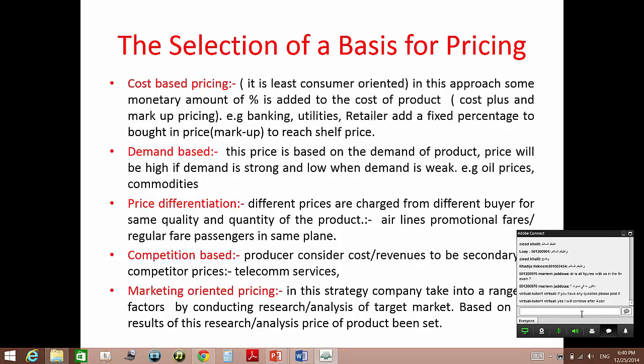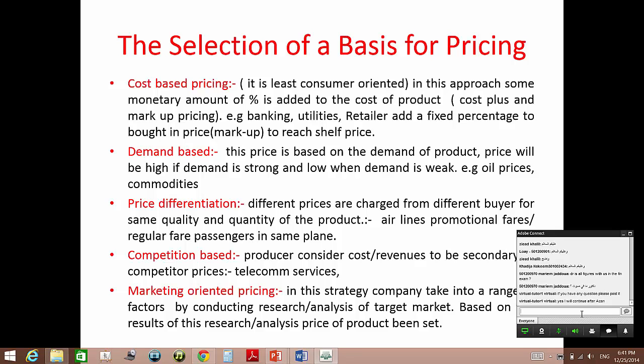Like, for example, the cost of telecommunication. The cost of telecommunication is very low compared to other costs. Okay? If the telecommunication companies used this method, then the price for the service would be very cheap because of the low cost of telecommunication services.